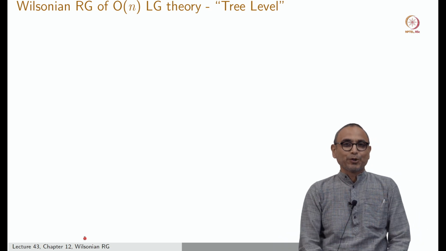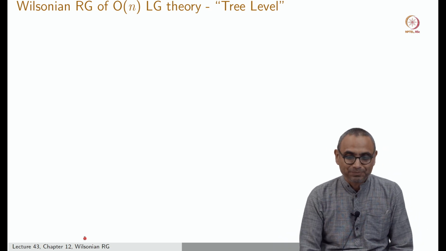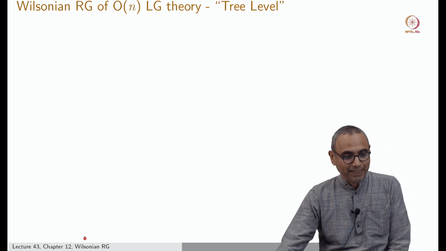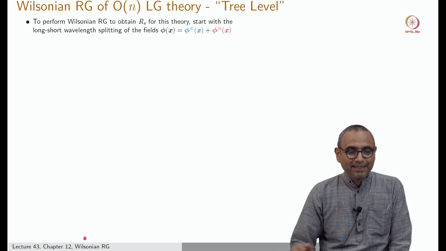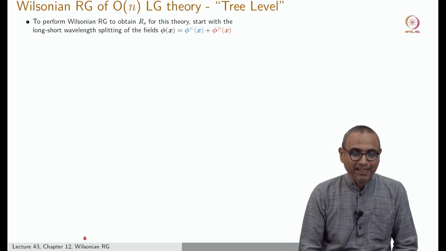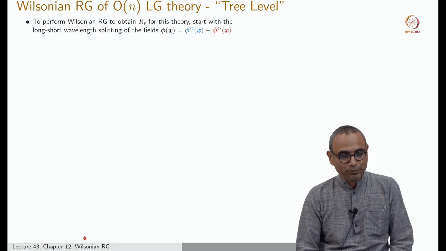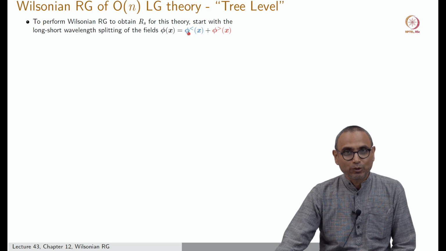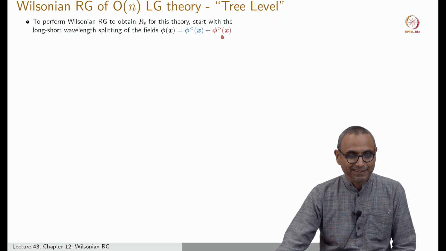Now what we're going to do is RG on this. You will see the title of the slide says tree level. I'll try to explain to you what that means. I'll go through this slowly so that we internalize this method of the renormalization group. So what we do is we take this field phi of x and split it into long wavelength and short wavelength fluctuations.